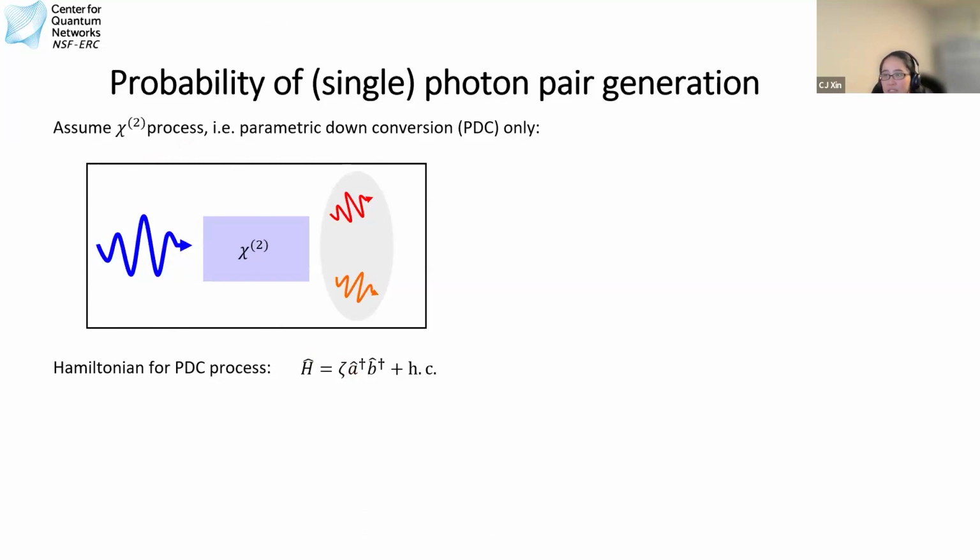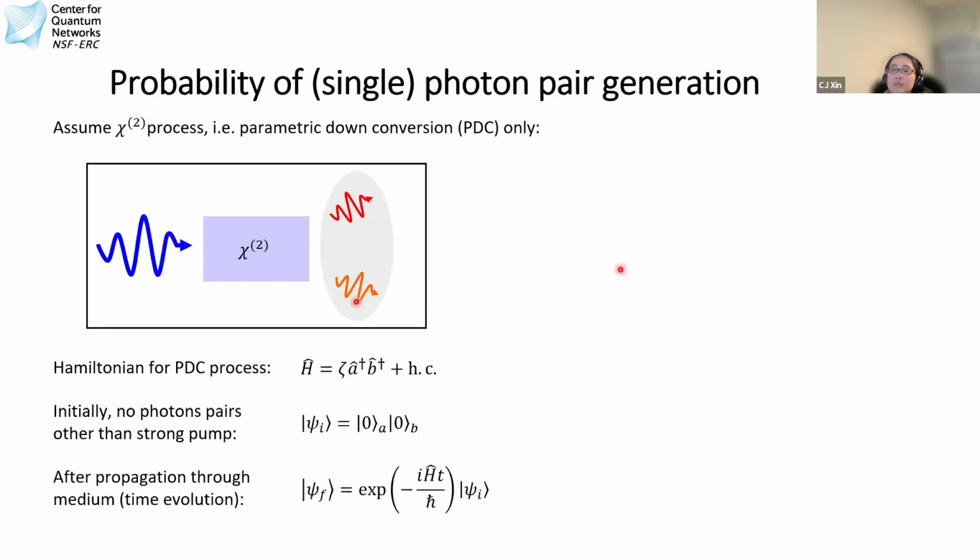And so initially the state is that there are no photons. This is sometimes called a vacuum state, sometimes indicated with a bold 0 or vector 0 in here. Then you use the Schrodinger picture and try to figure out what the final state is after interacting with the medium.